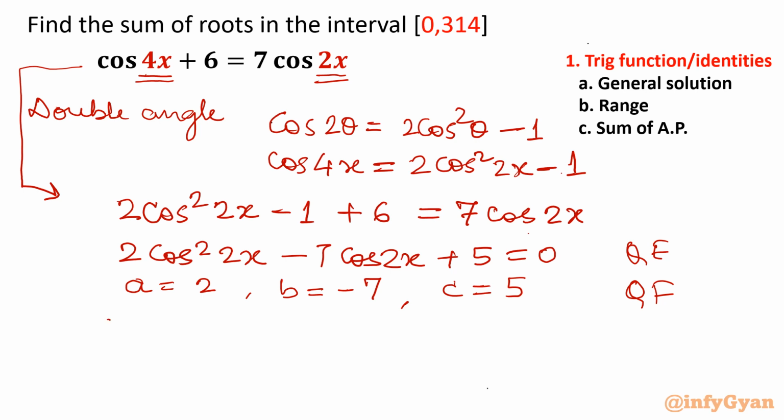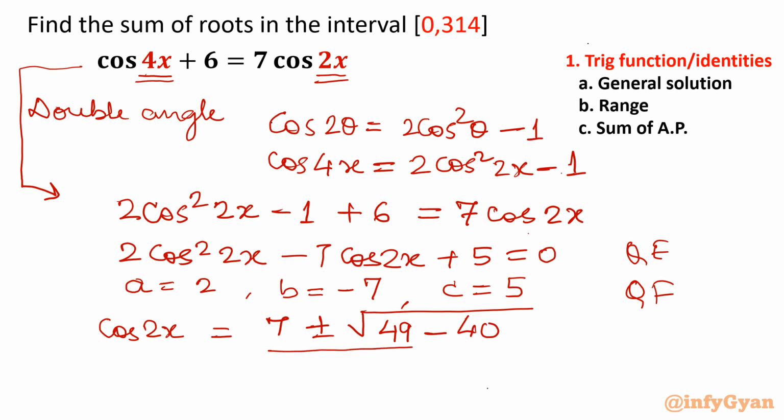I will write cos 2x is equal to minus b, so 7, plus minus square root of b square, so minus 7 square, I am writing 49, minus 4ac. 4 times 2 is 8, 8 times 5 is 40, over 2a, so 2 times 2, 4. This will give us 7 plus minus root 9 over 4.